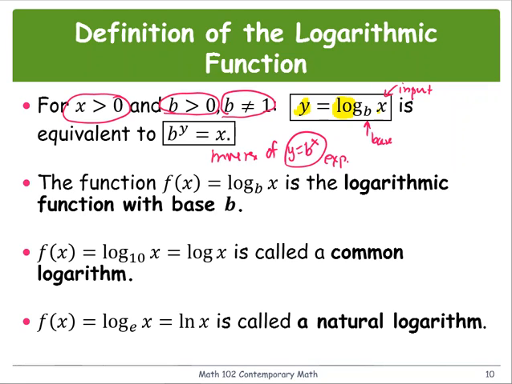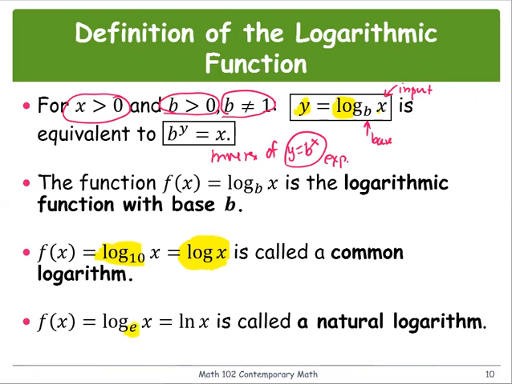The log base 10 is called a common logarithm, and you can omit the base. To be understood, the base is 10. If you don't see any number, then the base is 10, or it's called the common log.